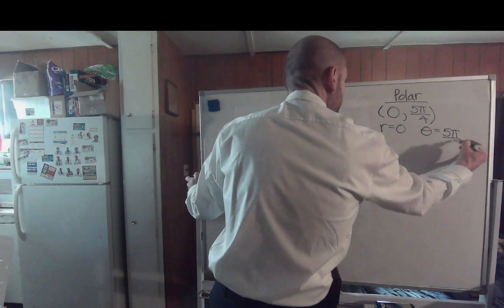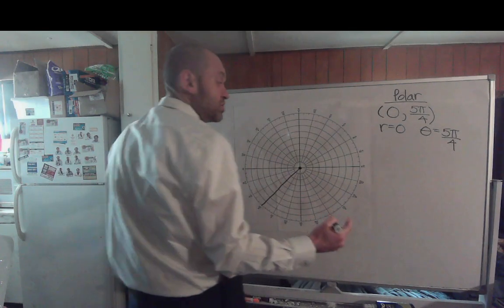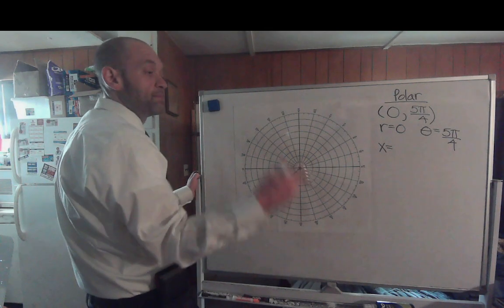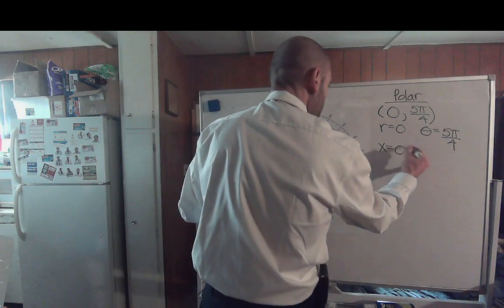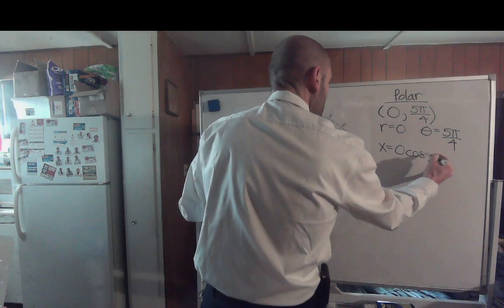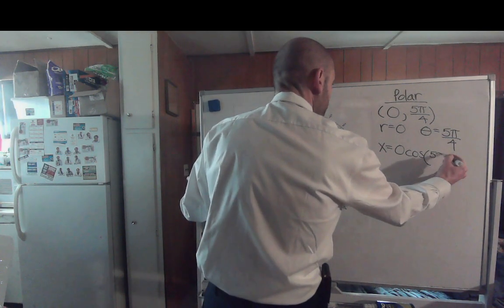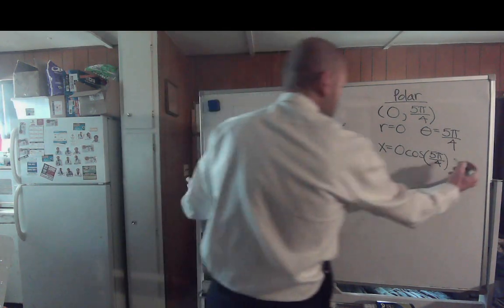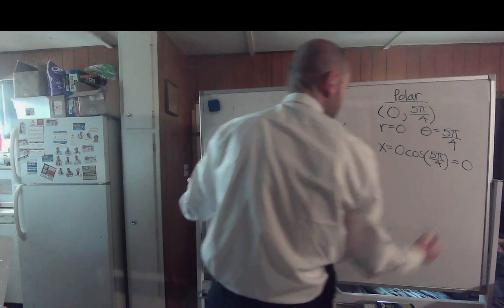We're not going to have to do too much work on this one because x always equals r times the cosine of theta, so that would end up being 0 cosine of 5π/4. Well, what do we know? 0 times anything is 0, so x is going to equal 0.